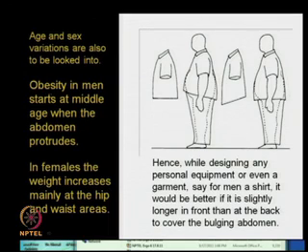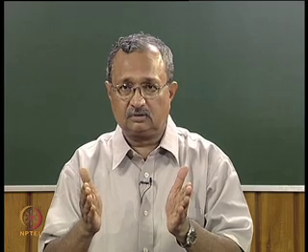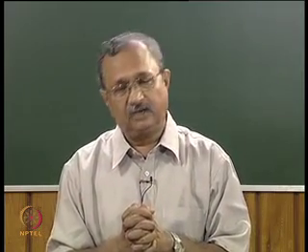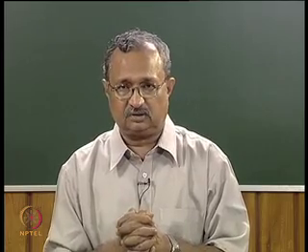Now, obesity in men starts at middle age when the abdomen protrudes. The same for female. In the females, the weight increases mainly at the hip and waist areas. So, the body figure type is also different in different persons, male and female, and age wise.